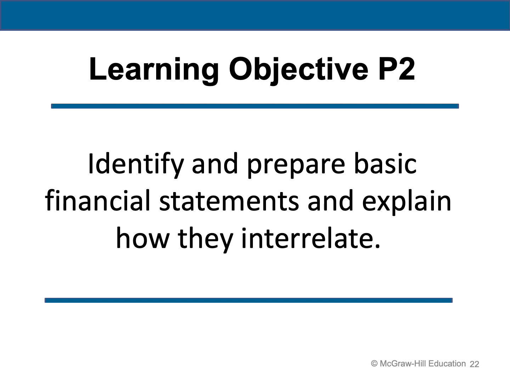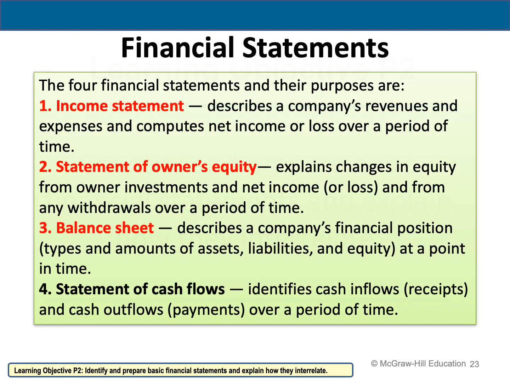Okay, the learning objective P2 is to identify and prepare basic financial statements and explain how they interrelate. In accounting, we have 4 financial statements that each and every company needs to prepare by the end of each year.